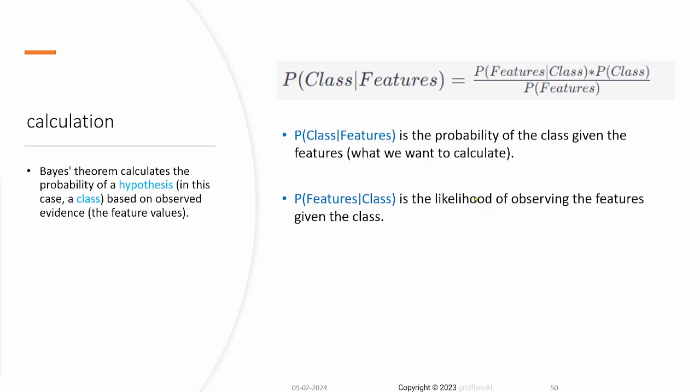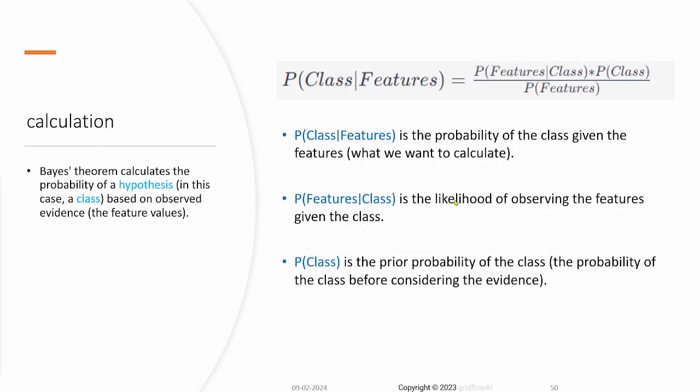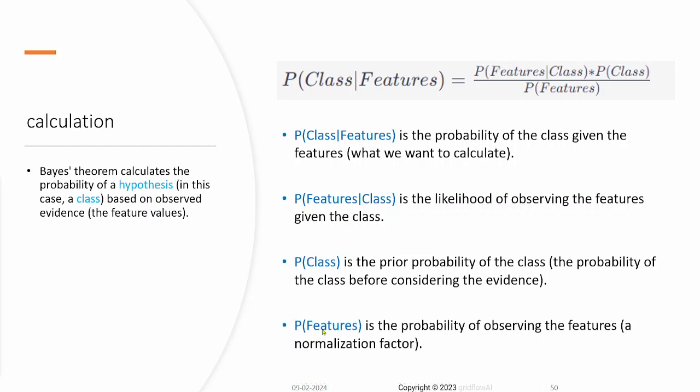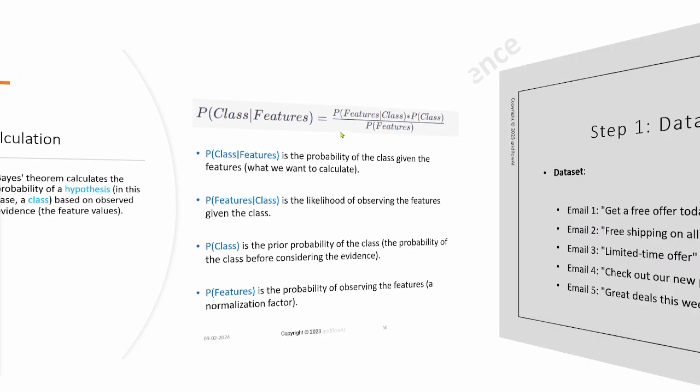This is also called the likelihood of the features. And then overall, the probability of the class, like the probability of a spam class or not spam, depends on how many samples of spam we have and how many samples of not spam data. The probability of the features is simply a normalization factor. So this is what we will be using in multinomial Naive Bayes.